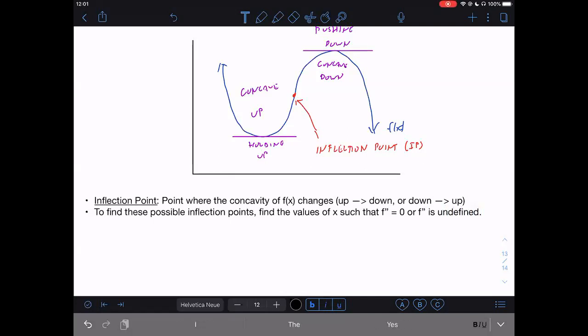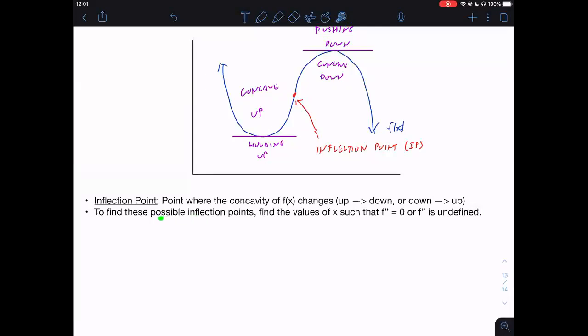So pretty similar to how we find the critical numbers of the first derivative. To find these possible inflection points, we have to find the values of x in which the second derivative will be 0 or undefined. Okay, so it won't be too much different of a process from what we saw in the previous section, except in this case, we're solving for the second derivative.